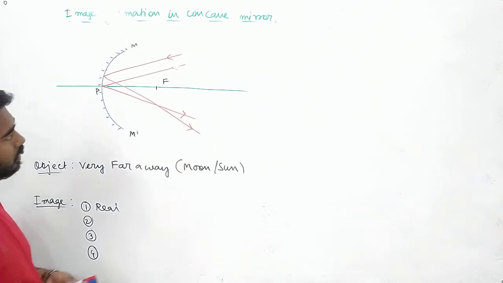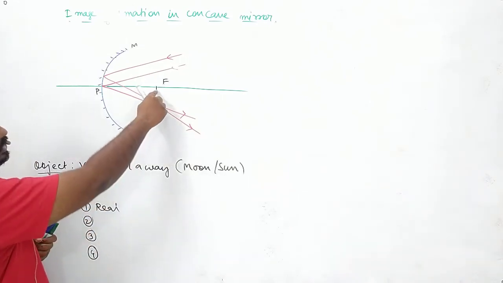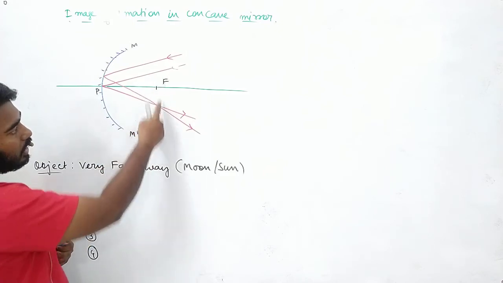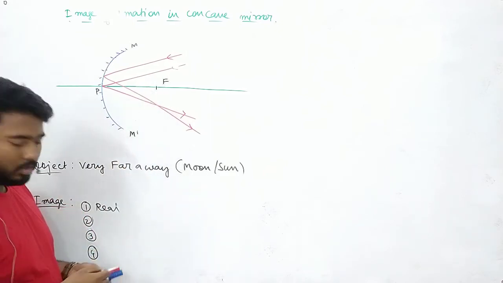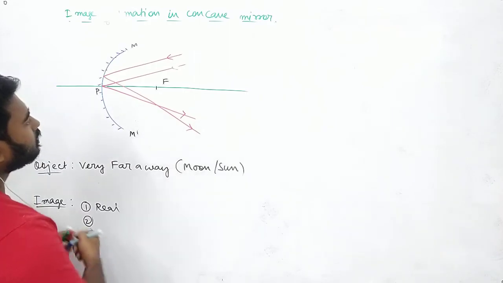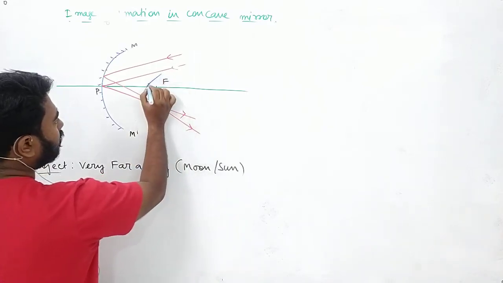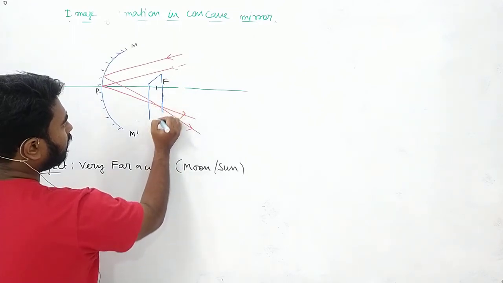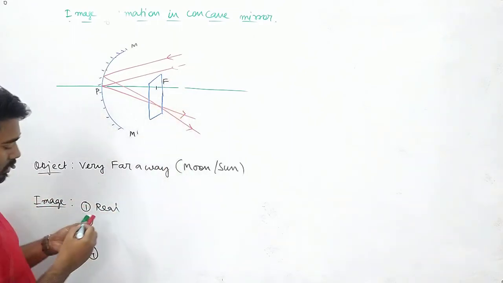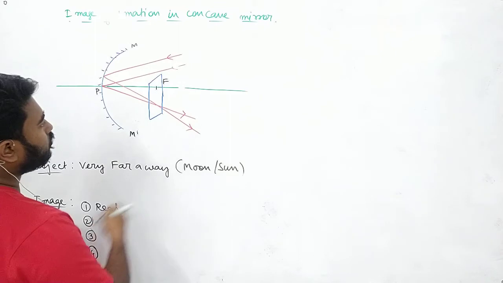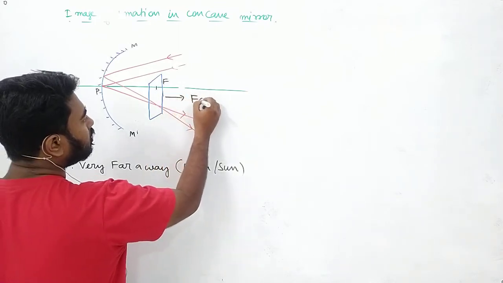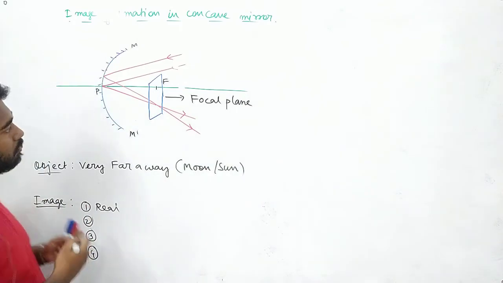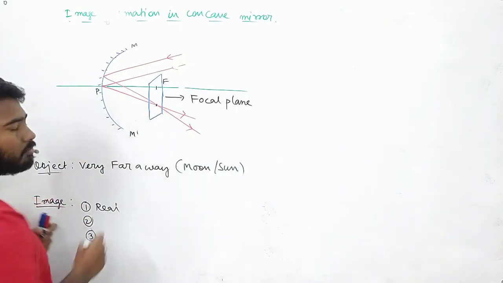See, the image is not at the focus but somewhere along the line of the focus. It is not actually a line, it is a plane. Now this plane is known as focal plane. So the image will be formed somewhere on the focal plane.